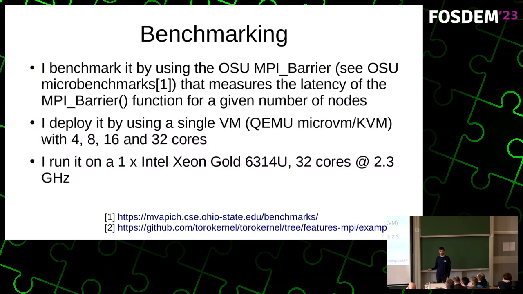So to benchmark the current implementation, I'm not very familiar with the MPI world. I'm coming from another domain, so I am not really familiar with how to benchmark such an implementation. So I chose the OSU micro benchmarks. Maybe you know them, maybe not.